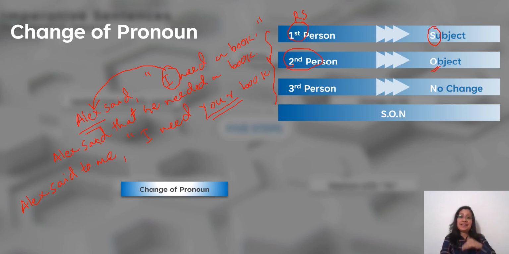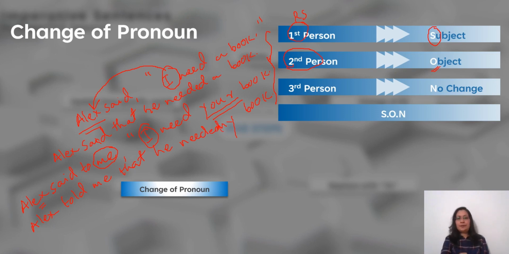So how do you change? You can write Alex told me that he needed my book. Since I is first person, it changes according to Alex. Your is second person, so it changes according to the object; for me, I shall use the possessive my. He needed my book.